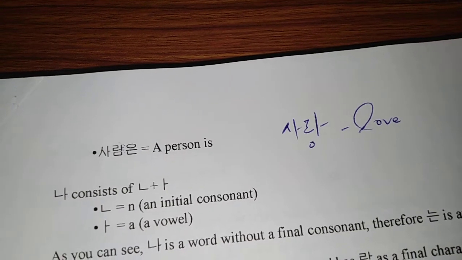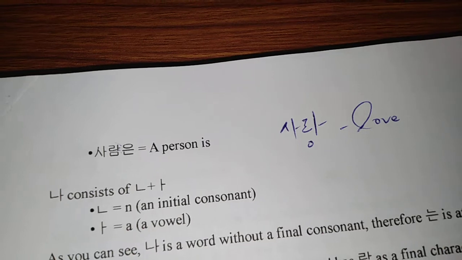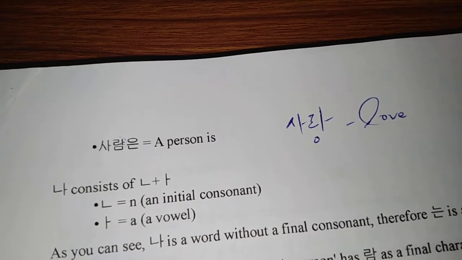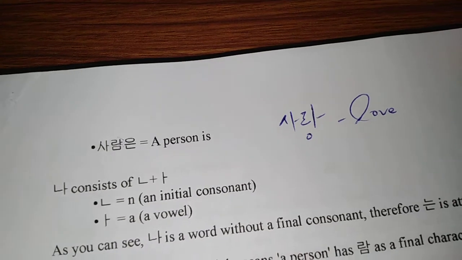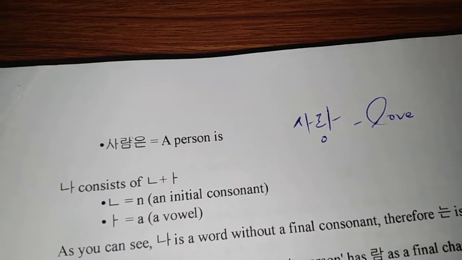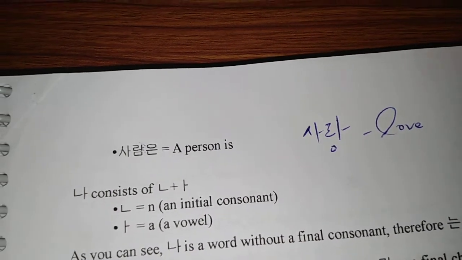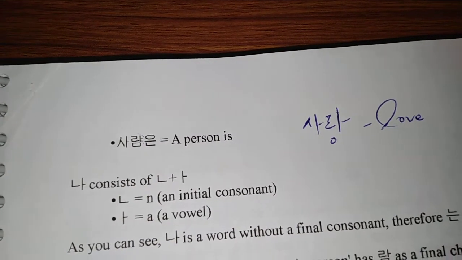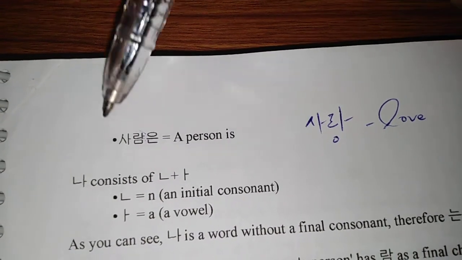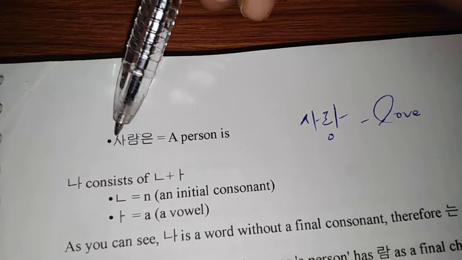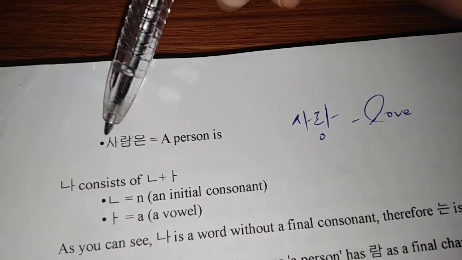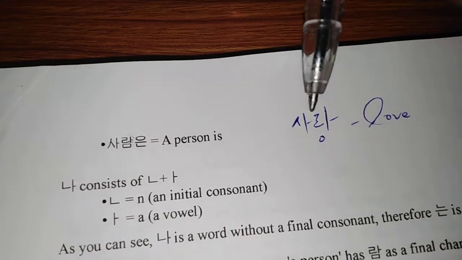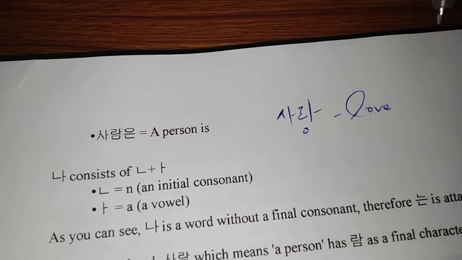Instead, when you say saramin, there's something like a freely flowing water kind of flow there. So that's the reason why King Sejong made such an arrangement. So saramin, even though it is written as sa-ram-in, it is read as sa-ra-min. Hope you understand the difference.